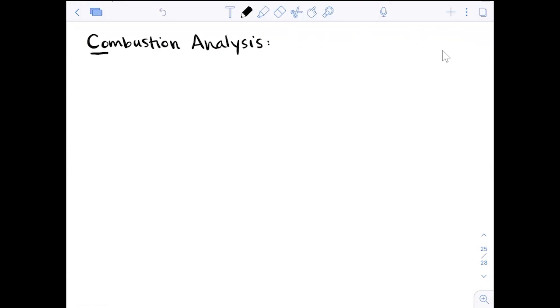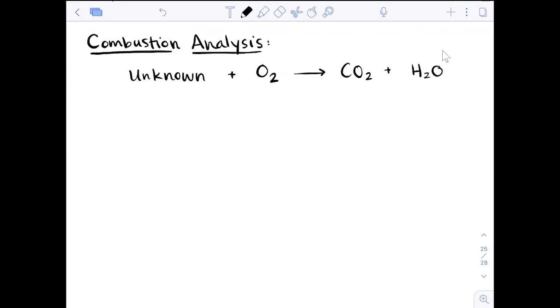But what makes a combustion analysis look slightly different is because you have an unknown that you are reacting with oxygen gas to form carbon dioxide and water. Now, when you do this in the lab, you do it in a very different type of system. I have an image of that system later on that I'll show you.